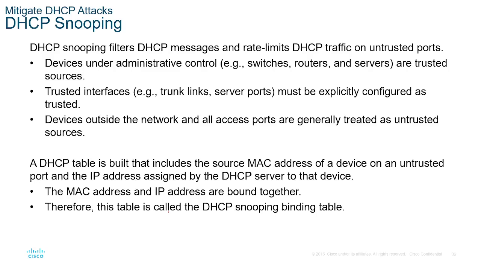And then devices outside the network and all access ports are generally treated as untrusted sources. So the DHCP table is built that includes the source MAC address of a device on an untrusted port and an IP address assigned by the DHCP server. Sabi ko nga, parang yung router natin is the DHCP server. So pag nag-connect ka sa Wi-Fi o kaya through your network, yan yung nagbibigay ng IP address sa atin.